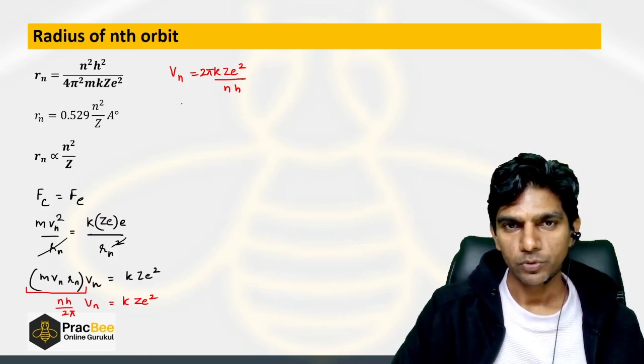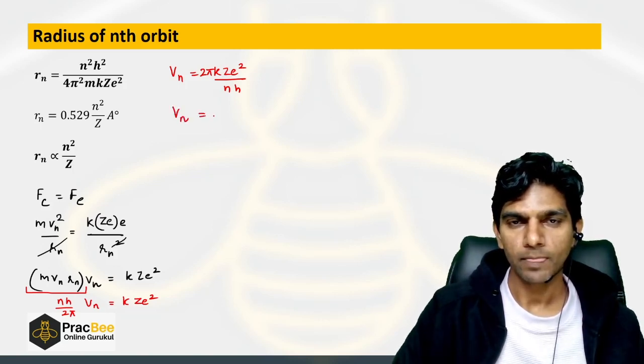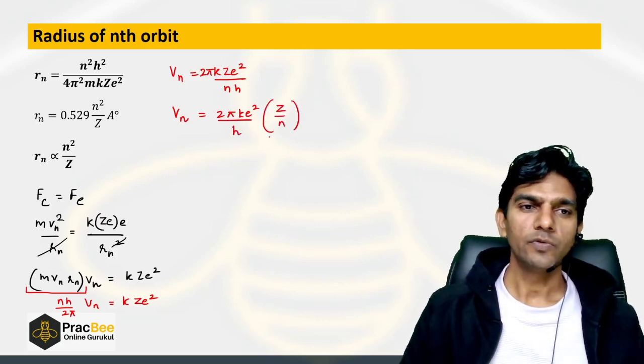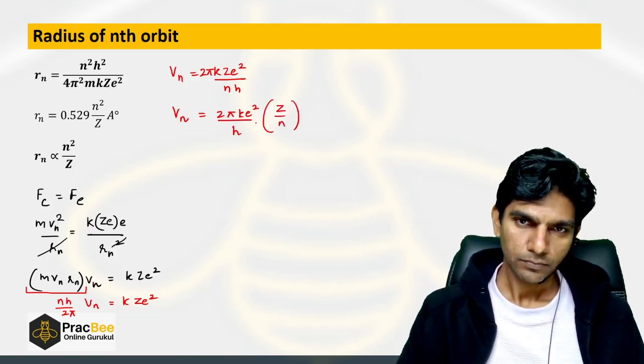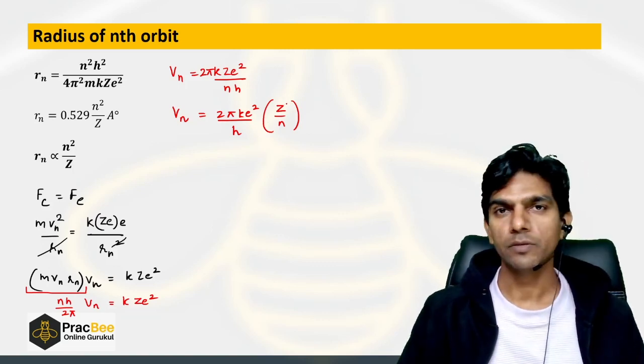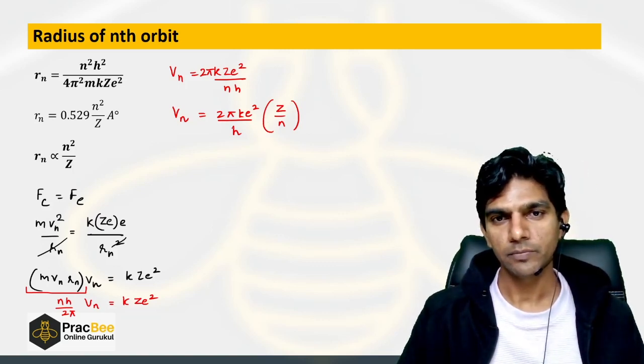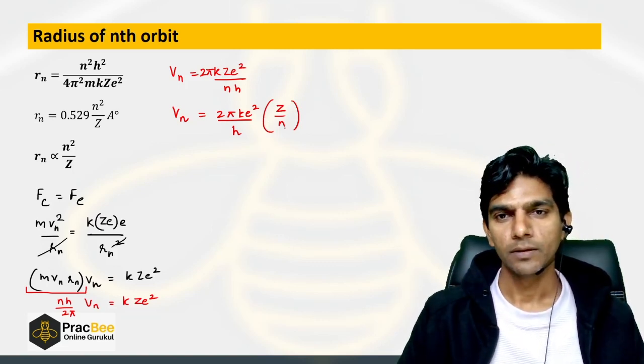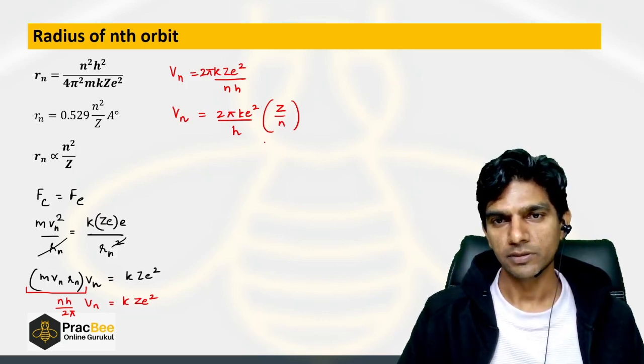If you look at the proportionality, we can say vn is equal to 2 pi k e square upon h times z by n. So vn is directly proportional to the atomic number of the atom. It is inversely proportional to the principal quantum number n.